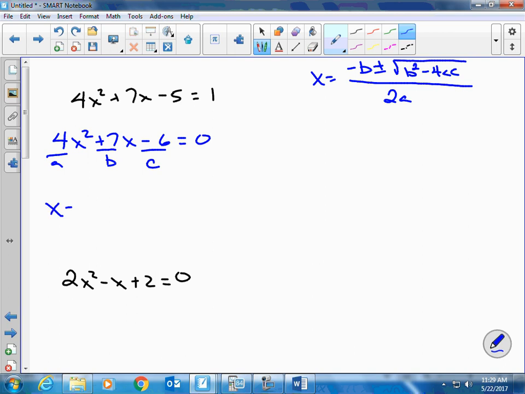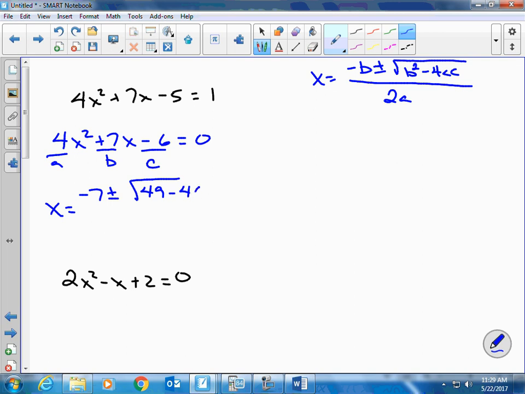So I get x equals negative b plus or minus the square root of b squared. I 99% of the time will do the b squared in my head, and I'll show you why in a second. I get it. Sometimes they're going to be messy numbers, and you can't. But if you can, I would highly recommend doing that in your head.